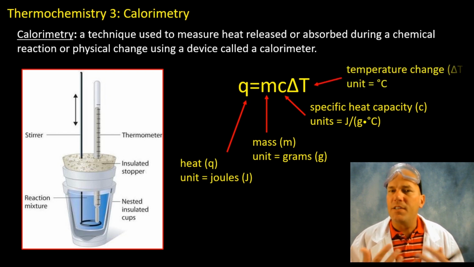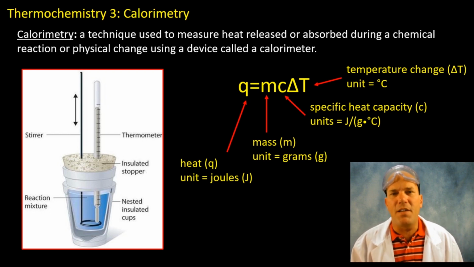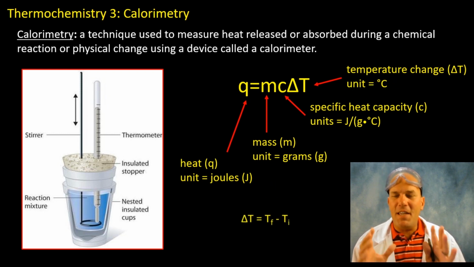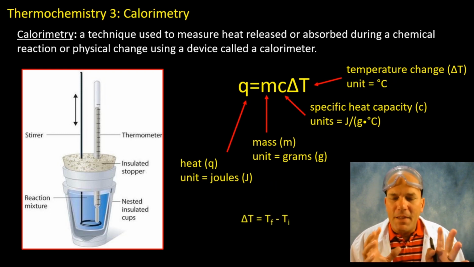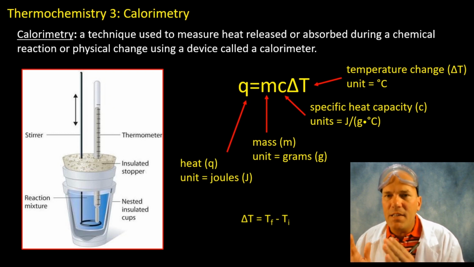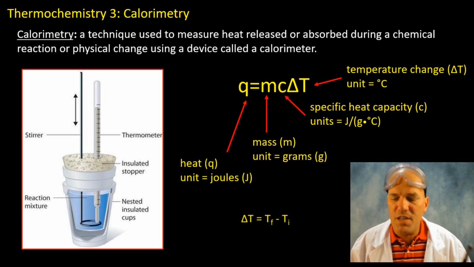Lastly, we have delta T. Well, delta T is the temperature change, and our temperature is expressed in degrees Celsius. So let's go ahead and look at delta T and really make sure you understand that it is the final temperature minus the initial temperature. That's what we mean by delta T, or change in temperature.